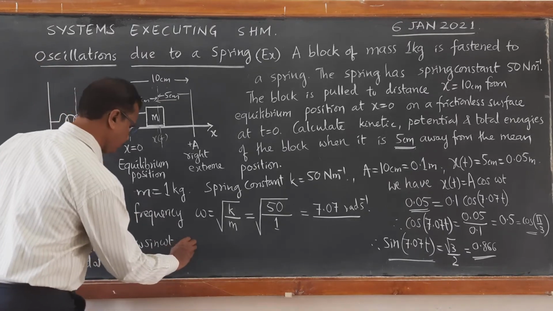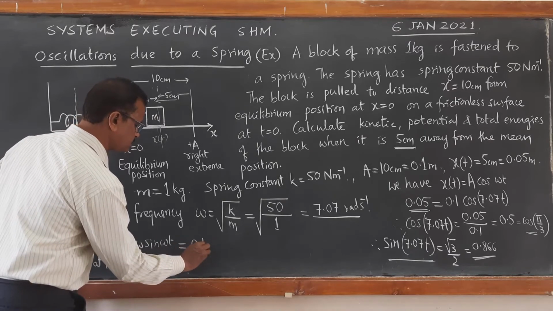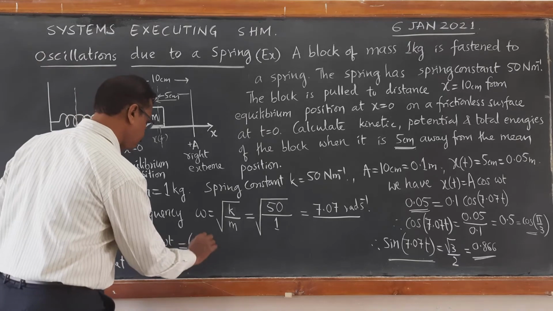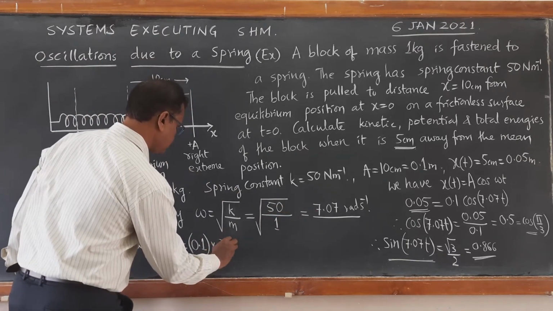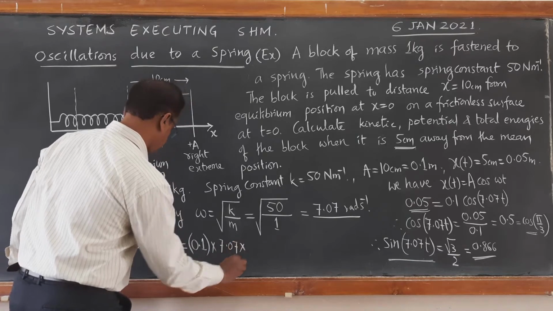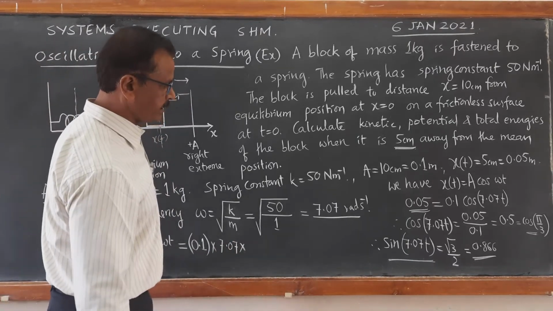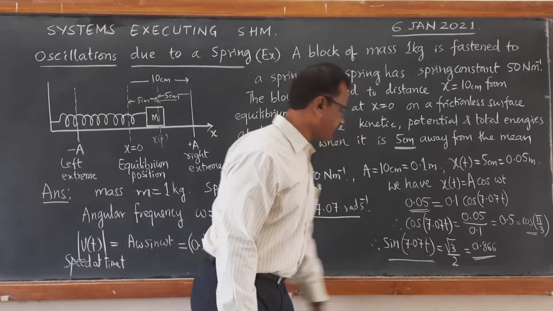So just substitute the value of a. A is the maximum displacement, that is 10 centimeter, that is 0.1, and omega we have got as 7.07, into sin omega t. Sin omega t we already calculated, sin 7.07 t, it is 0.866.